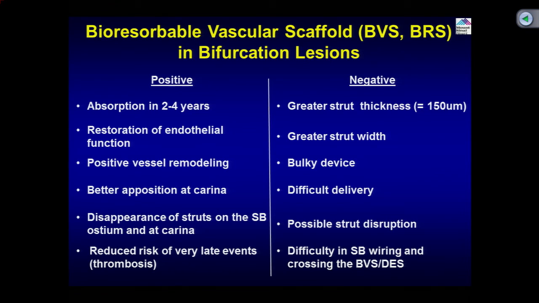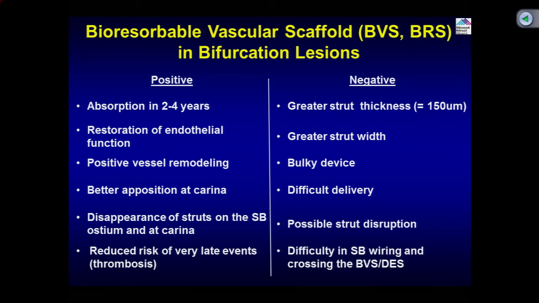We need to see. Now, the negatives are greater strut thickness, which we know is 150 micron, and also its width. It's not only thick, so both vertical and horizontal thickness, and then a bulky device, difficult delivery, and possible strut disruption. If you go to high pressure, you can disrupt the strut of the BVS, and there is difficulty in side branch wiring.